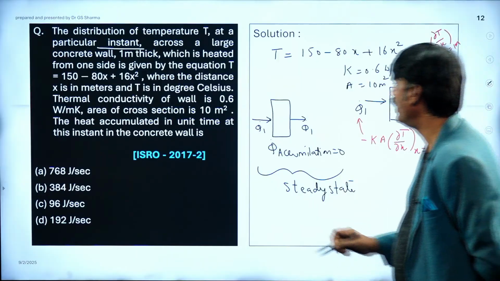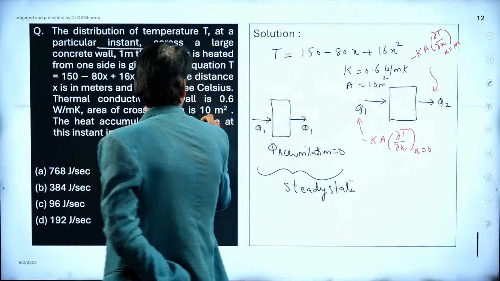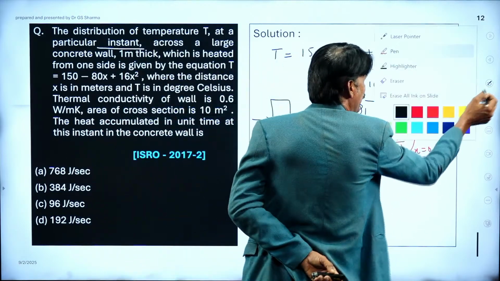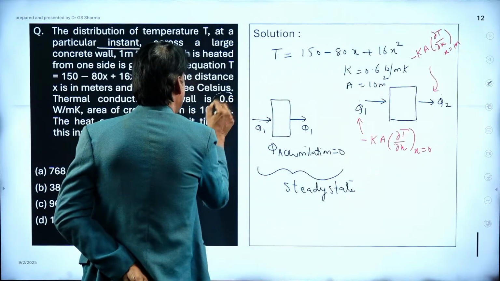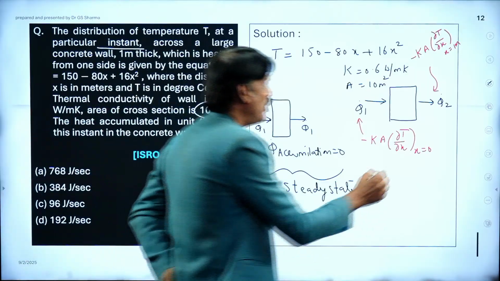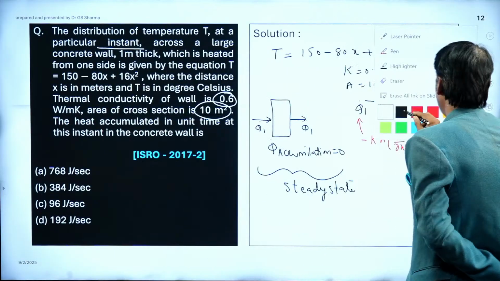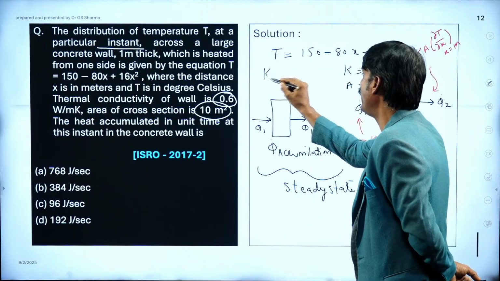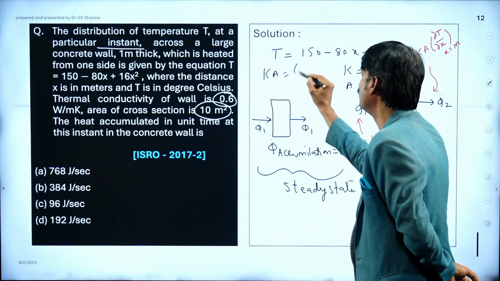So I'll just do this numerical for you. K value is given as 0.6, A is 10. So the product of K into A is 6.